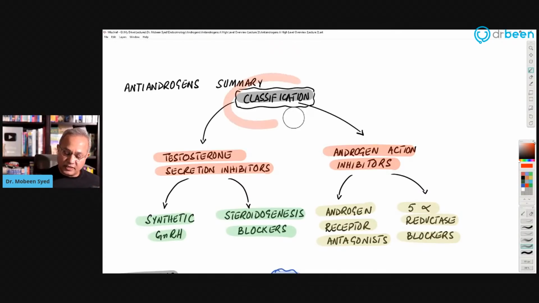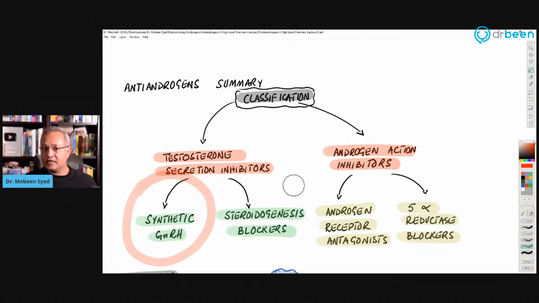If you look at the classification, there are anti-androgens that reduce the testosterone secretion. Testosterone in males, in men, is primarily made by the testis. So testosterone secretion hindrance can be done by various drugs. In this class of drugs, there are drugs that are synthetic gonadotropin releasing hormones.